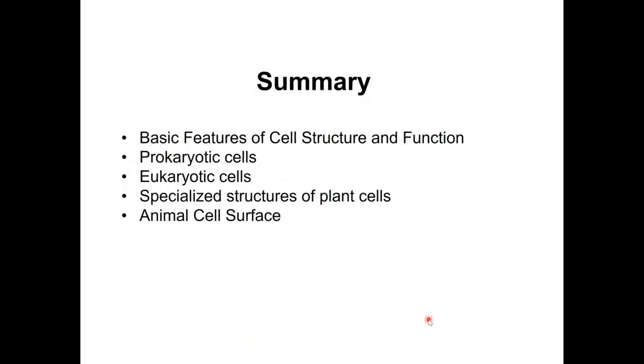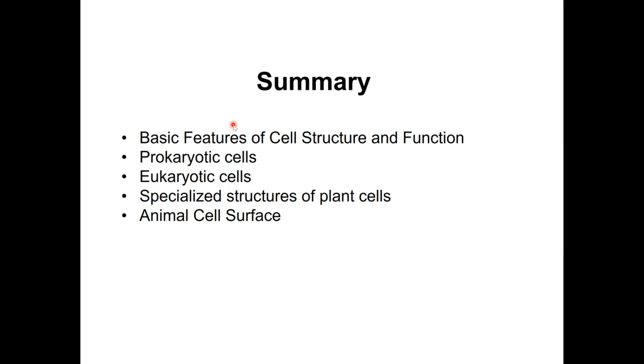Finally, summarizing everything that we talked about in this lecture. We went through a fairly quick and not super detailed overview of cell structure. First of all, we talked from a historical point of view about how we got to the discovery of the cell and the function of the cell.